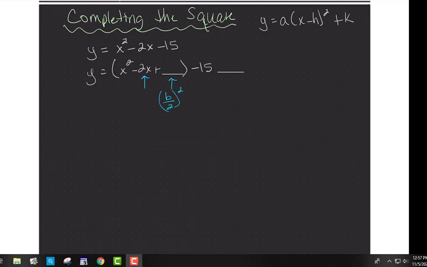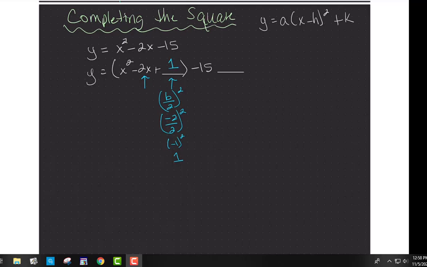So for us, our b is negative 2 over 2, and we just got to square that. So negative 2 over 2 is negative 1. Negative 1 squared is 1. So in my parentheses, I added 1.